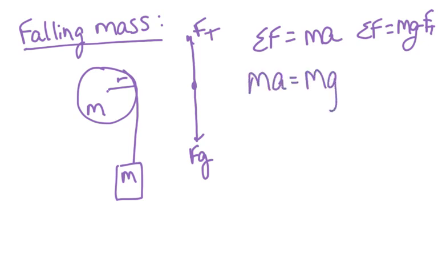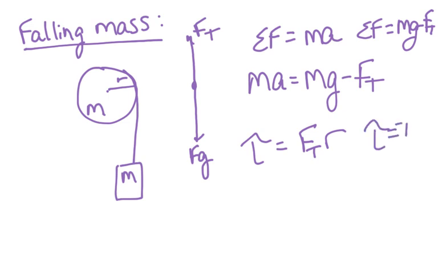And we do not have an equation for tension. But we know now that our pulley has mass, so our tension is involved in a torque. So we're going to find our torque by taking the force of tension multiplied by the radius. We can also find the net torque with the rotational inertia times the angular acceleration.